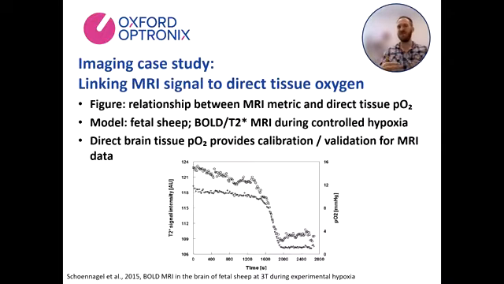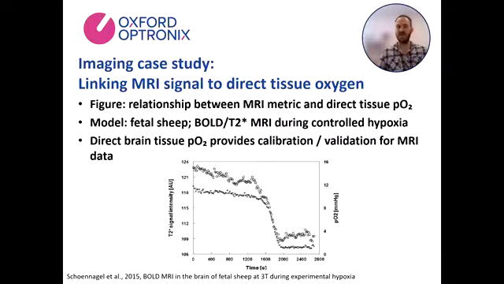So this fetal sheep study is a great example of that validation mindset. Here, a team combined an MRI oxygen sensitive metric with direct brain tissue oxygen tension measurements. And they show that MRI changes track oxygen dynamics during controlled hypoxia.